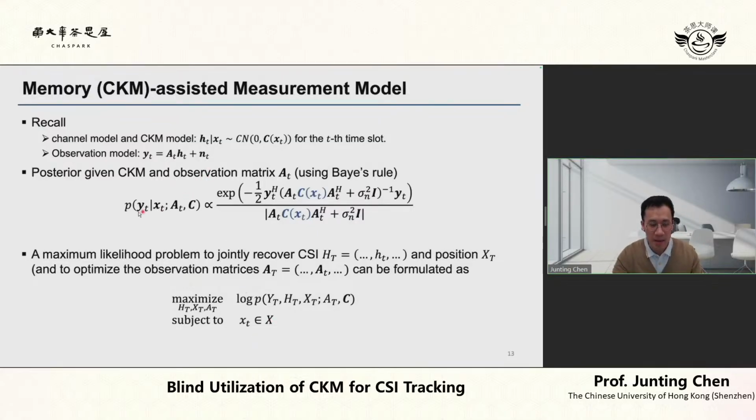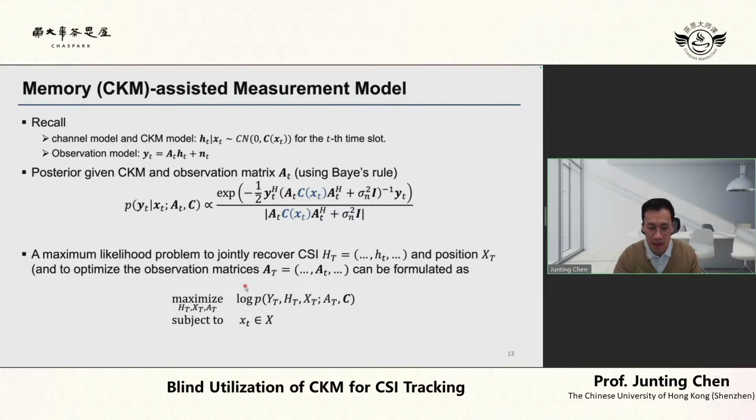Now, to specify the observation model, recall that we have already modeled the channel as some random vector that has statistics strongly dependent on the location, right? So given the location xt, we know the covariance matrix of the channel, so that we know the channel distribution. And we also have the observation model. Then using Bayes' rule, we can easily write down the probability distribution function of the observation. So this can be given in closed form. And then we can formulate a joint likelihood problem, right?